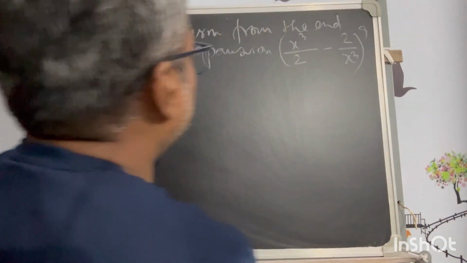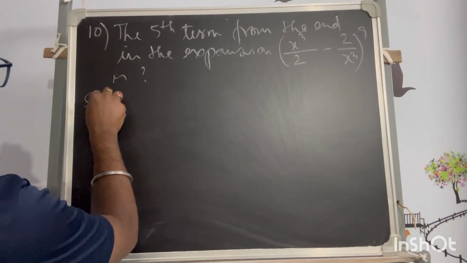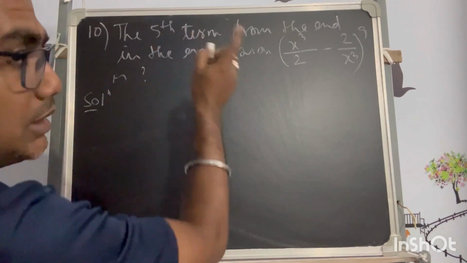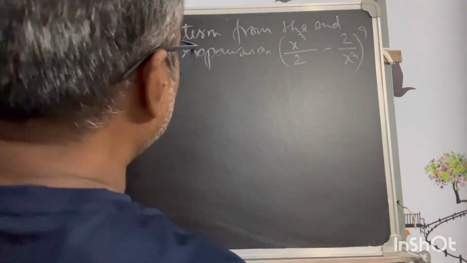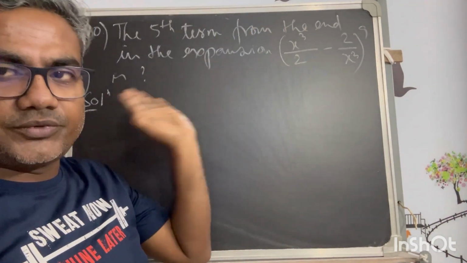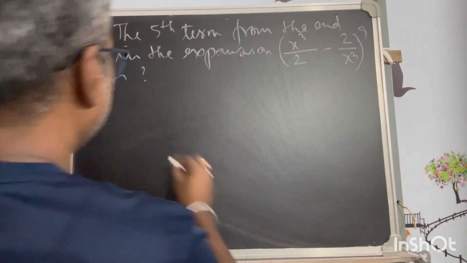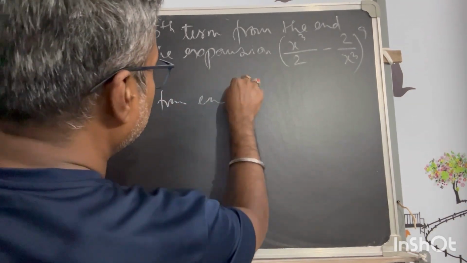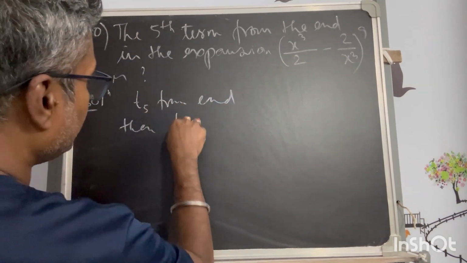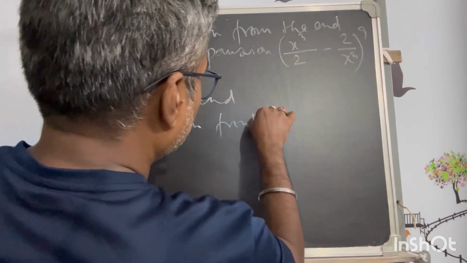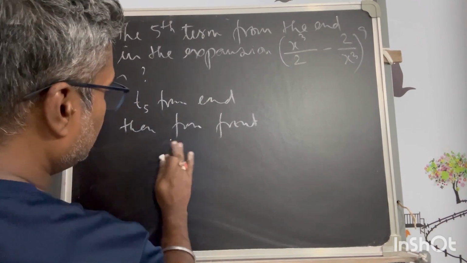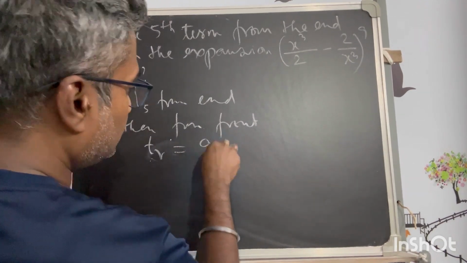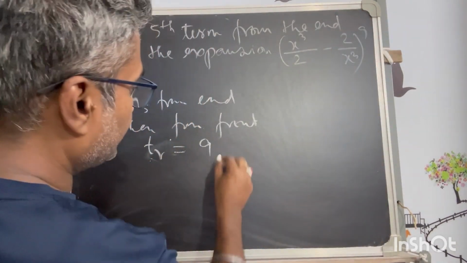Now for that we have learned some theory: any term taken from the last, if I want to convert it into the term from the first position, if it is t5 from the end, then from the front the term will be how much? The term will be, let's say tr, and the total power is n.